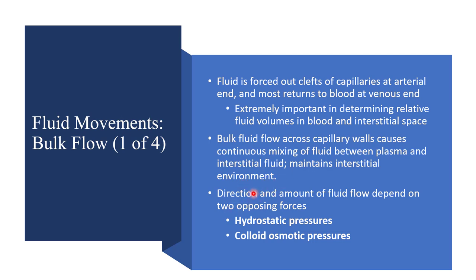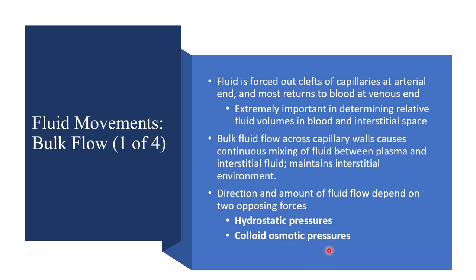The direction or the amount of fluid flow will depend on two forces. One, which you call the hydrostatic pressure, which is the pressure of the water. Another one is called the colloid osmotic pressure.